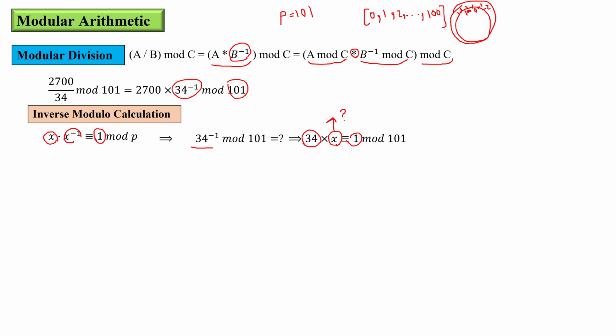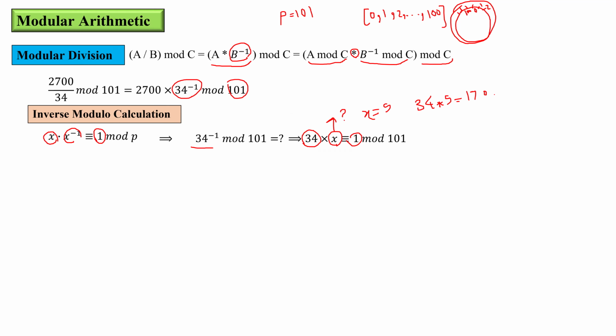For instance, suppose that we say x equals 5, right? So 34 multiplied by 5 equals 170.